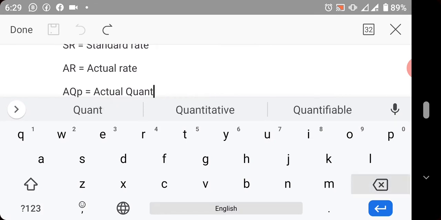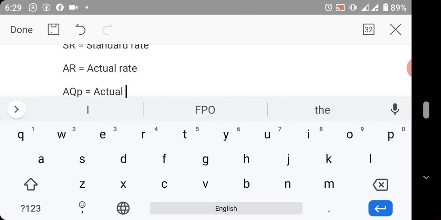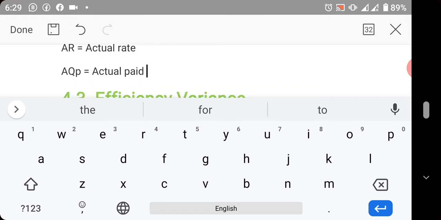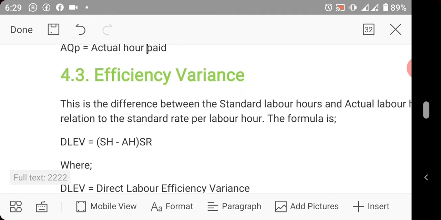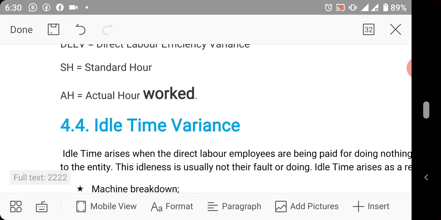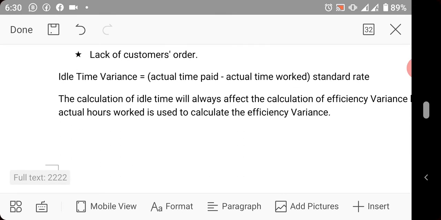So it's actual hour paid for. Sorry for that typo error. Actual hours paid for. Actual hour paid. You understand? So now the idle time tries to find a difference between actual hour paid and actual hour worked, which arose as a result of being efficient. You understand? So there is a formula.